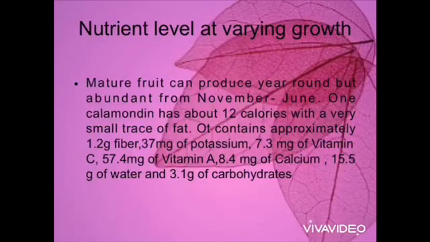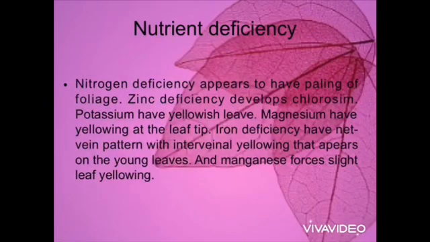It contains approximately 1.2 grams of fiber, 37 milligrams of potassium, 7.3 milligrams of vitamin C, 57.4 milligrams of vitamin A, 8.4 milligrams of calcium, 15.5 grams of water, and 3.1 grams of carbohydrates.